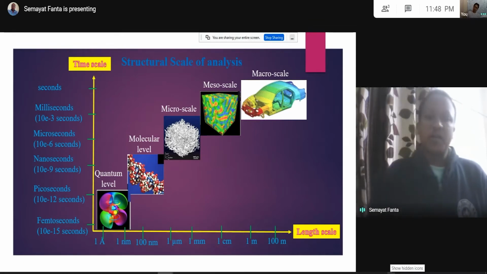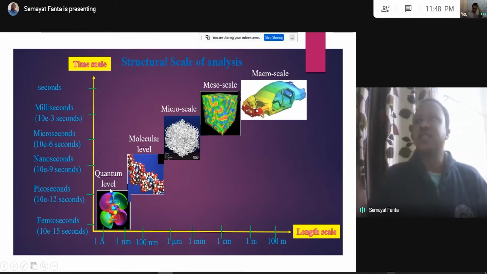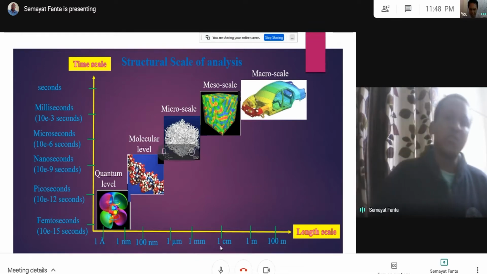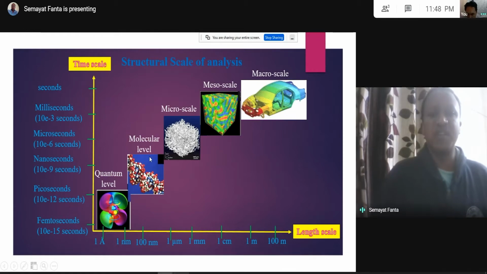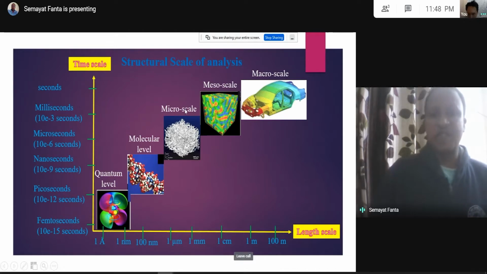When we come to analysis scale, the smallest analysis scale is maybe the quantum level. That means less than the atomic level. Then it goes to the molecular level, then higher again to the micro scale, and then mesoscale and macro scale.